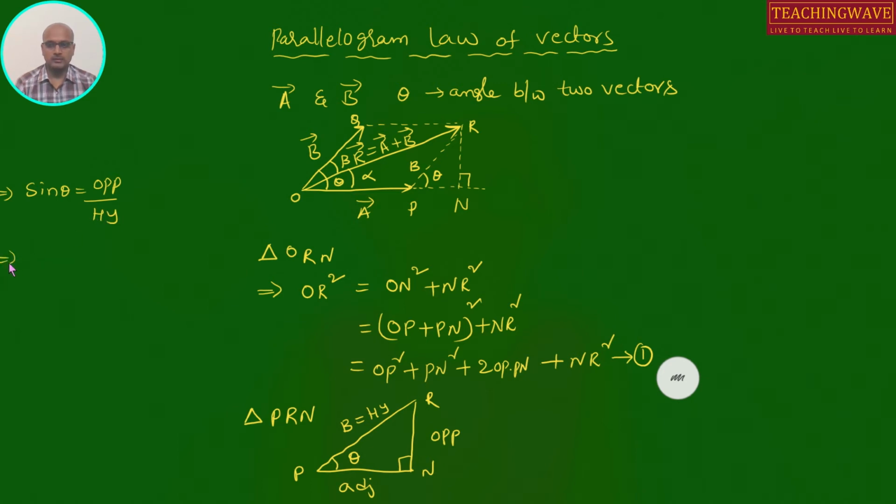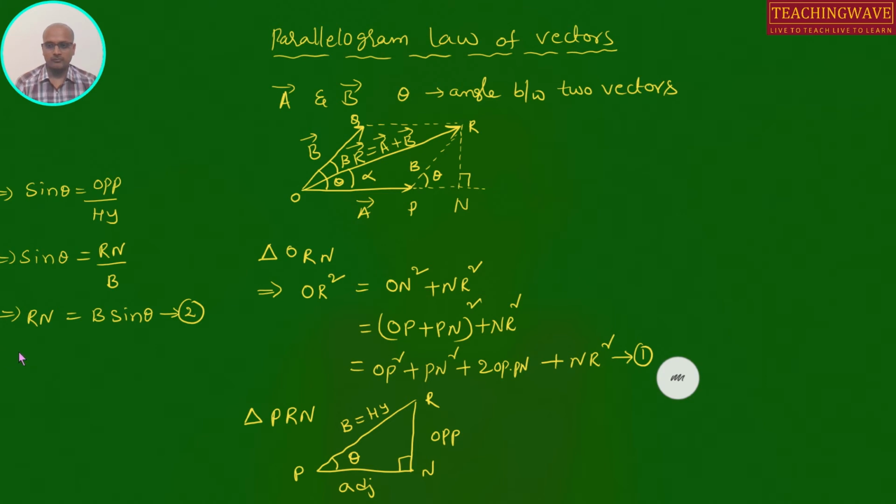That implies sin theta is equivalent to opposite side RN by hypotenuse B. That implies RN or NR is equivalent to B sin theta. Let us treat this as equation 2.